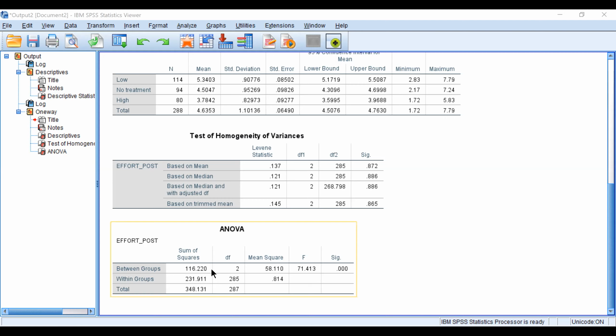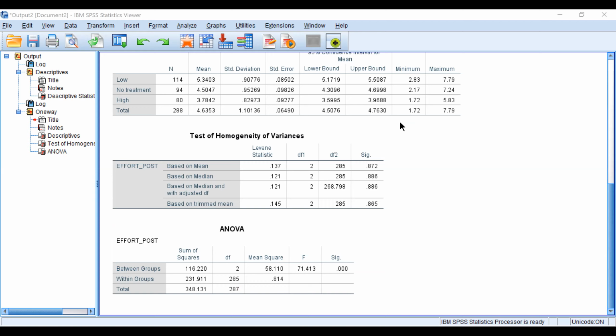The sum of squares divided by the degrees of freedom gives you the mean square. The F test is the ratio of the mean square to the error term, which is 71, and which is significant at the level of less than 0.01.